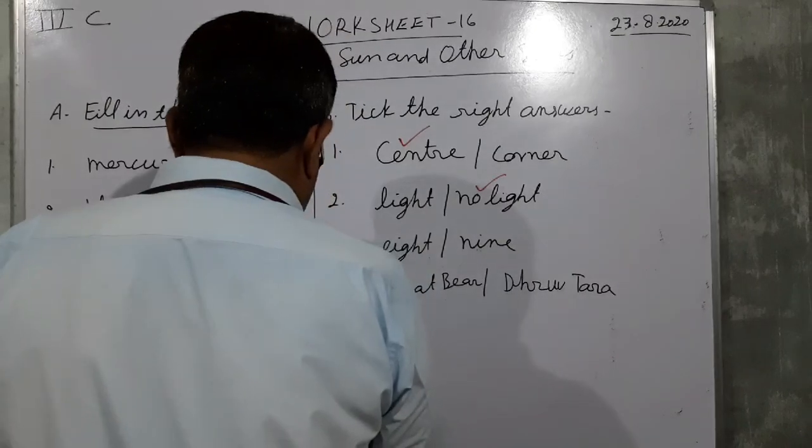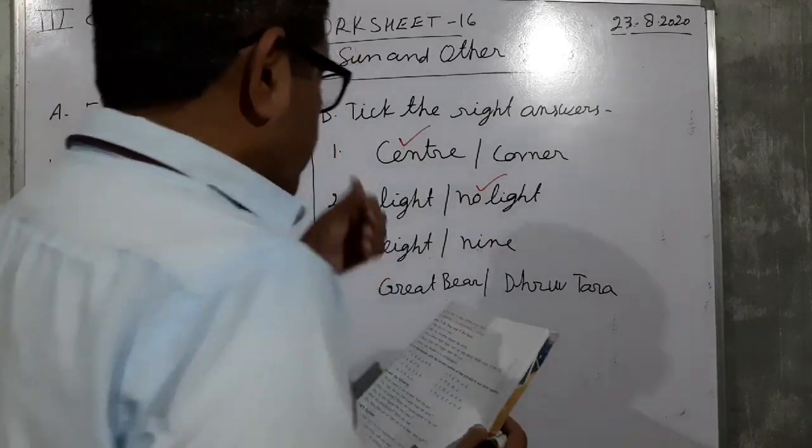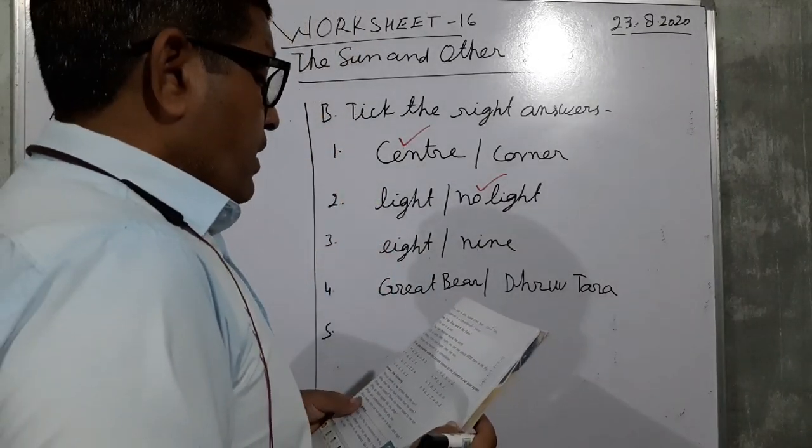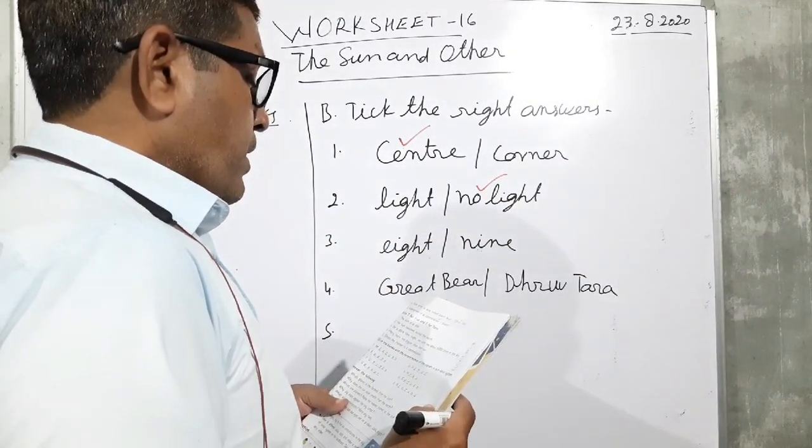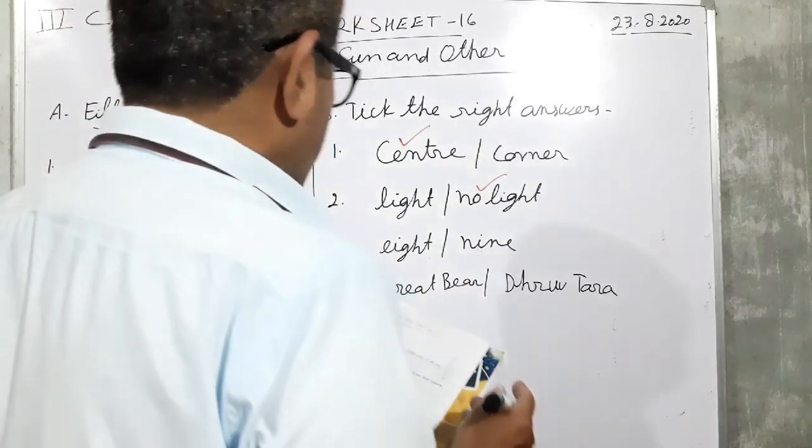And fifth, you see, Saptarshi is a constellation or planet.